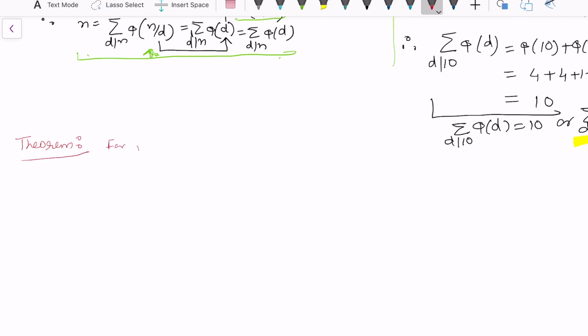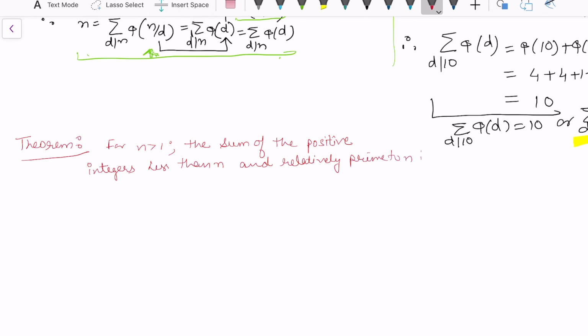For n strictly greater than 1, the sum of the positive integers less than n and relatively prime to n is half of n times phi n. So let's prove this now.